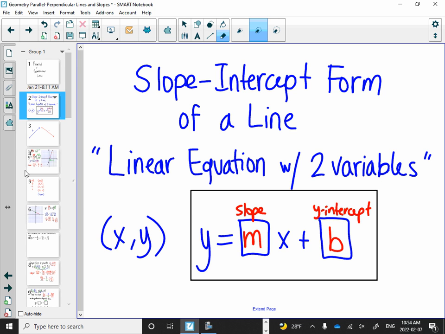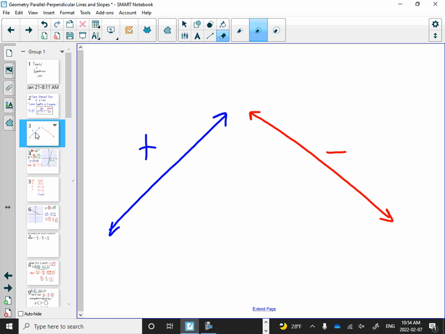But talking about slope specifically, there are a couple different ways to look at slope. There's positive slope, which means that if you're reading it from left to right, it's going uphill, it's increasing. If it's going downhill, it's a negative slope. So we can see slope, positive and negative, based off just looking at a line. Is it going uphill and increasing? Is it going downhill and decreasing? Does that make sense to everybody?